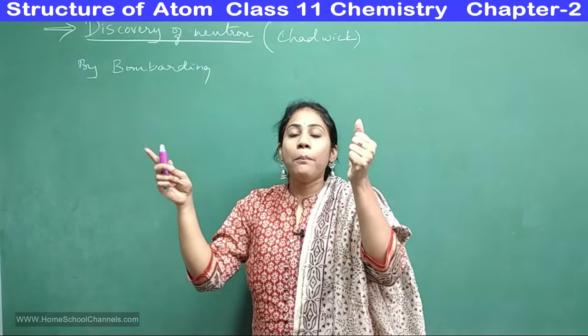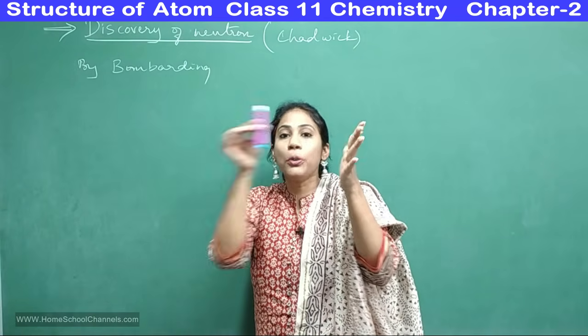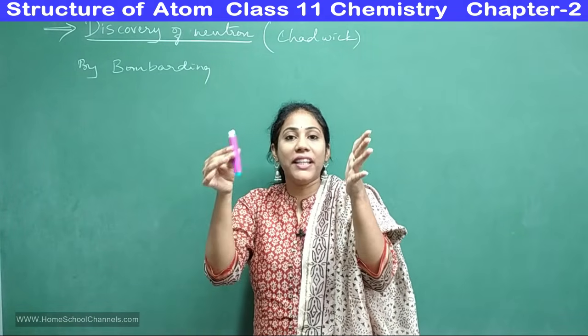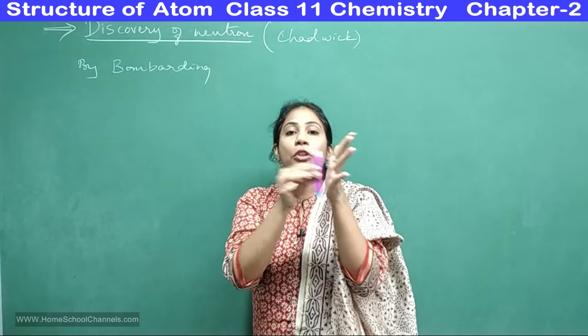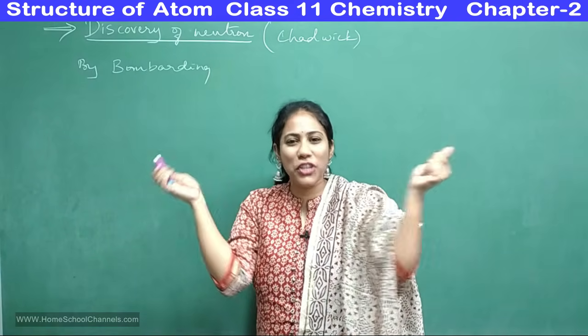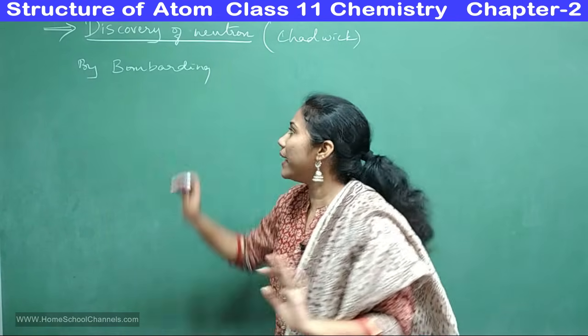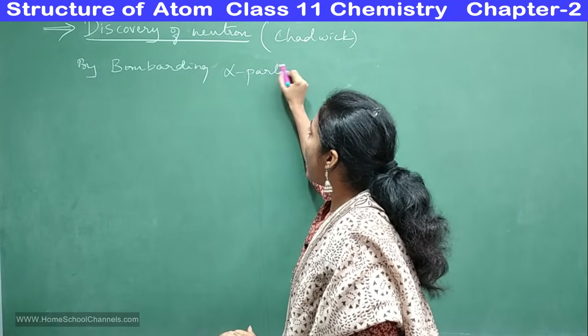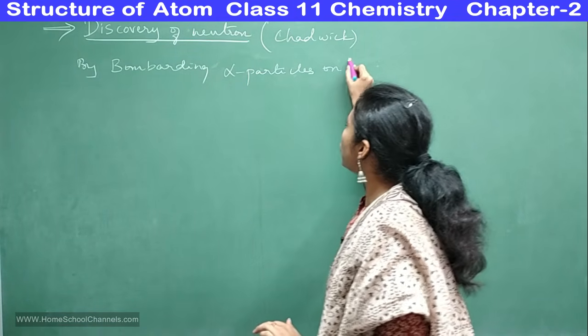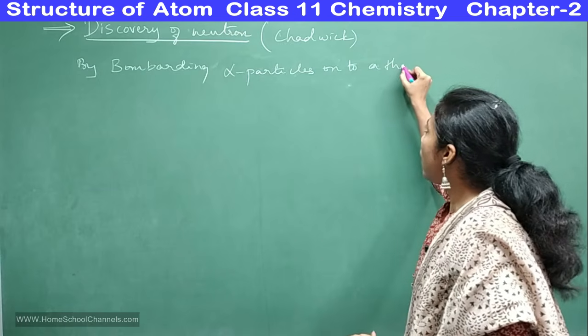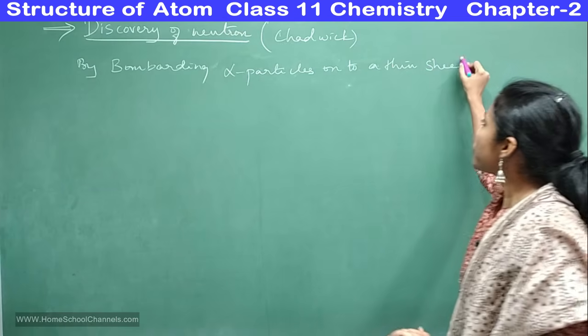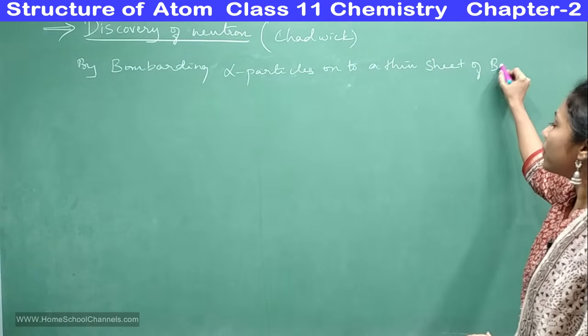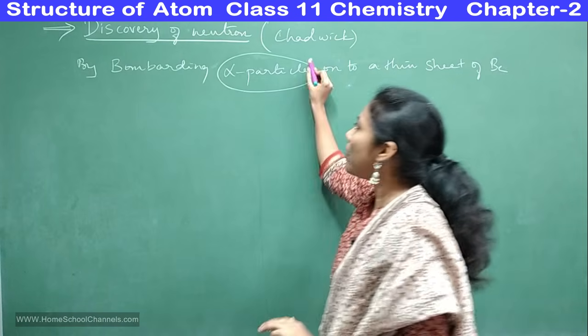If I hit this chalk pencil onto my hand, that is bombarding. So bombarding is just a collision or hitting. So by bombarding alpha particles onto a thin sheet of beryllium. Now what do you mean by alpha particle?